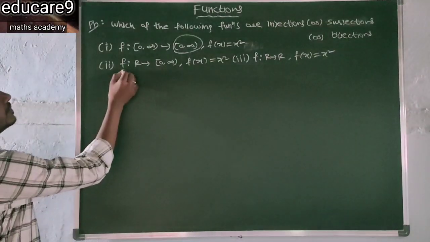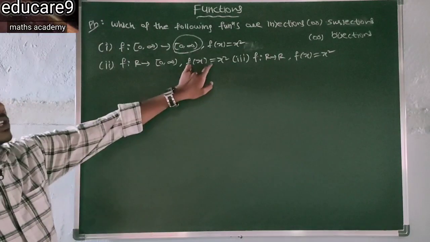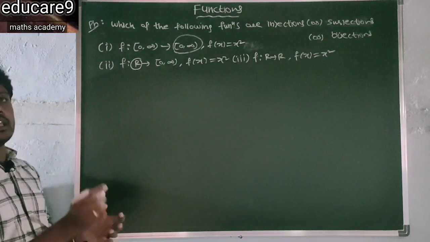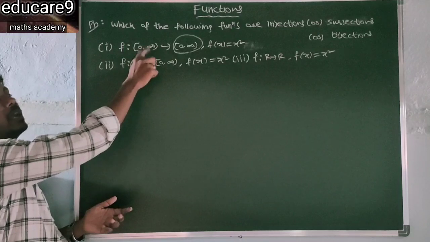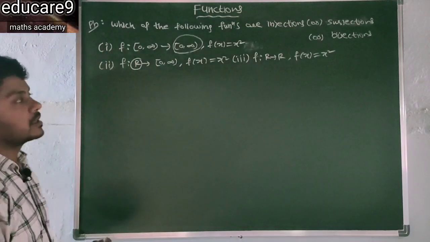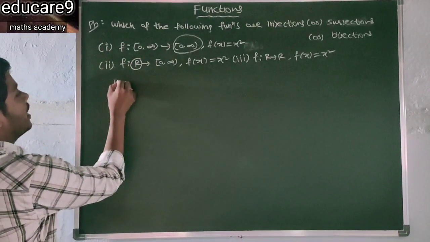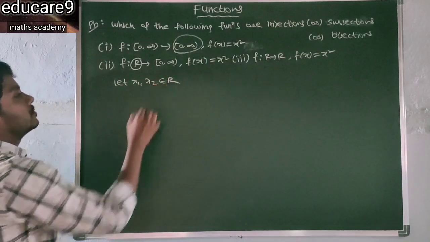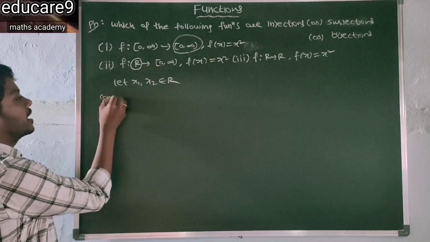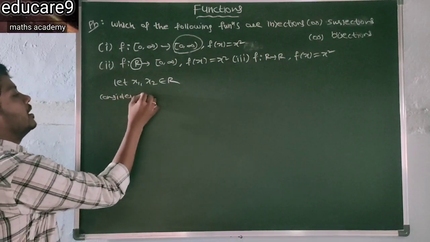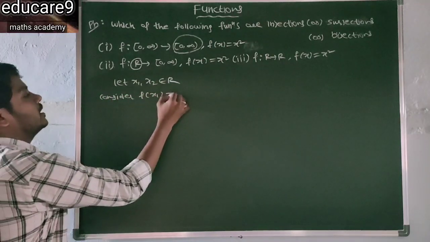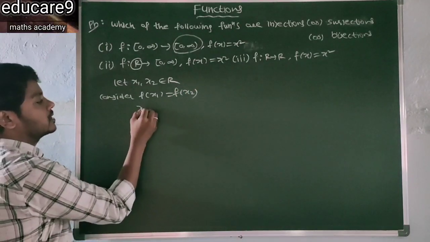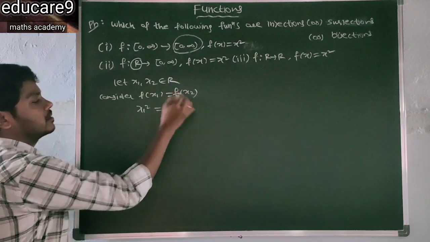Here the second one, f of x is equal to x square, the same function, but here the domain values are real, whereas in the first problem the domain was only positive. So that is the difference. See here, let x1, x2 belong to R. So consider f of x1 is equal to f of x2. That is x1 square is equal to x2 square.